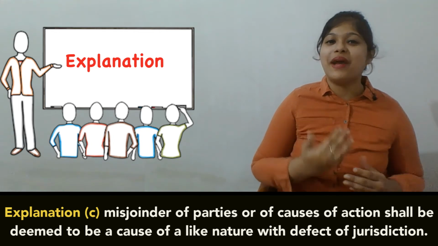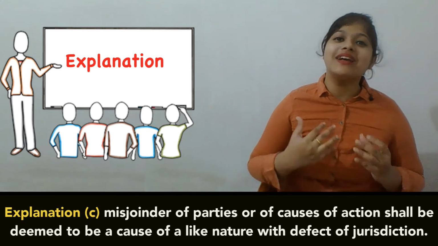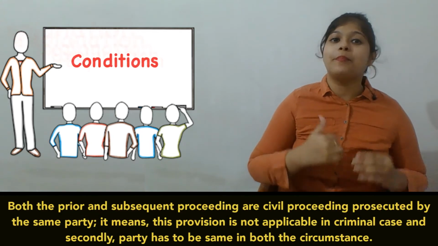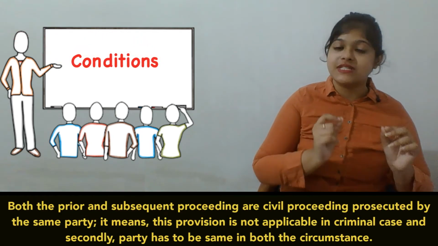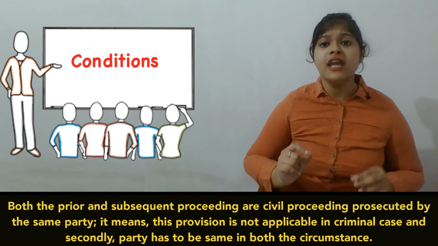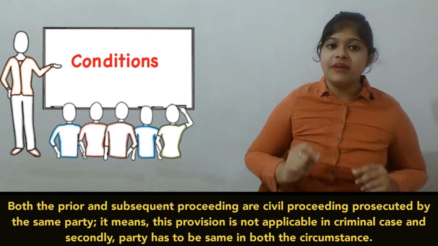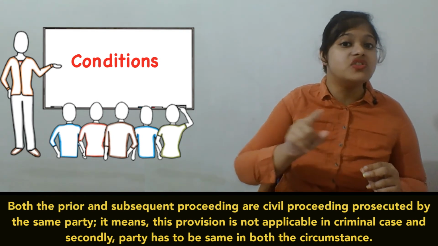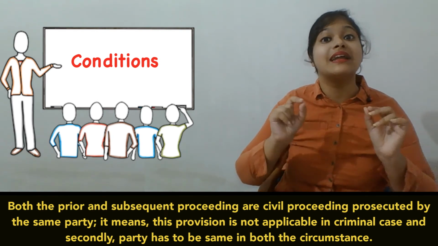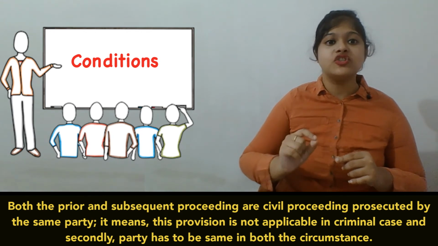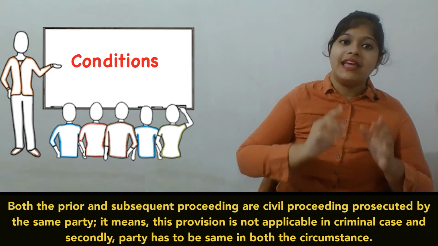However, to get the benefit of the section, the following conditions are to be satisfied. Both the prior and the subsequent proceeding are civil proceedings prosecuted by the same party. It means that the provision is not applicable for criminal cases. And secondly, the party has to be the same in both.